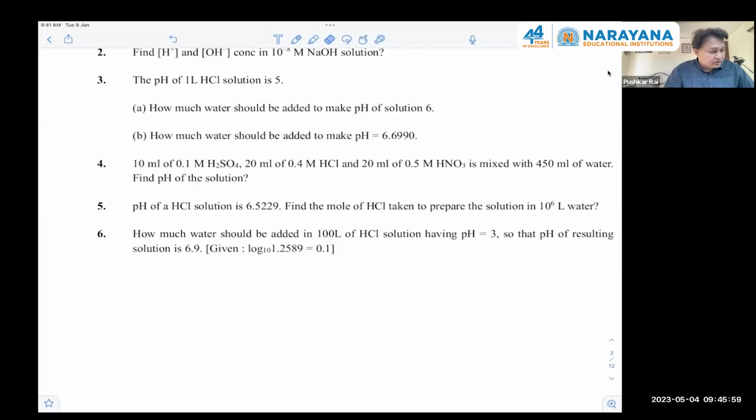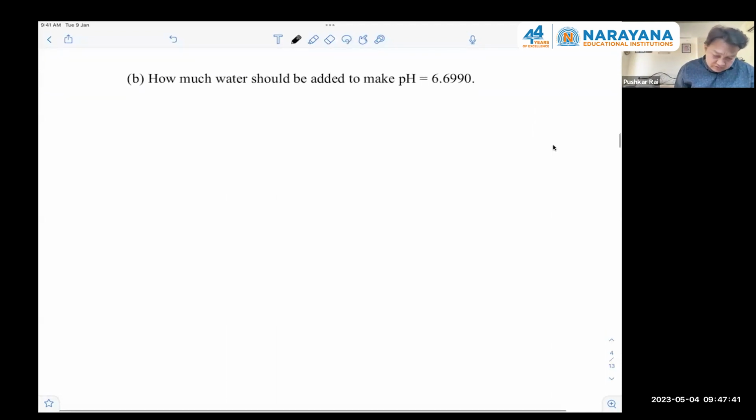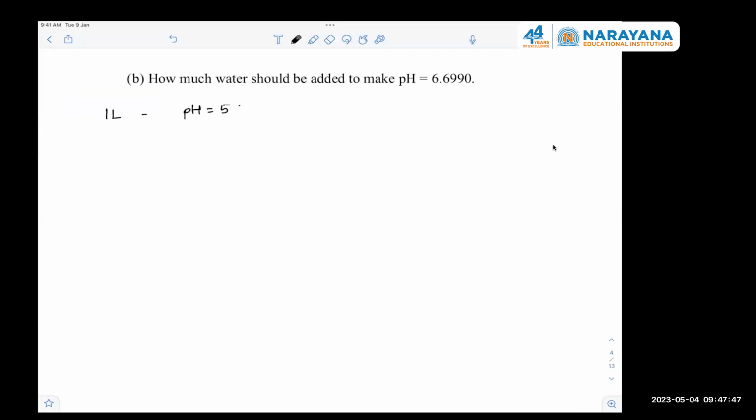Let me check the answer. Question number 3 is 65.667 liters. How much water should be added to make pH equal to 6? Initially it was 1 liter and pH was equal to 5.